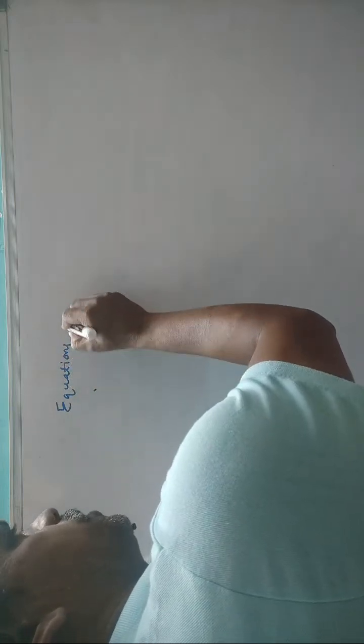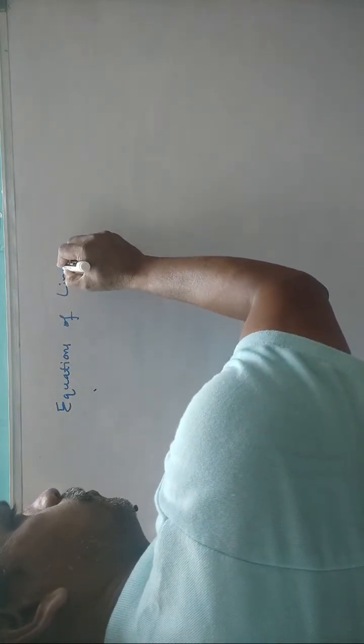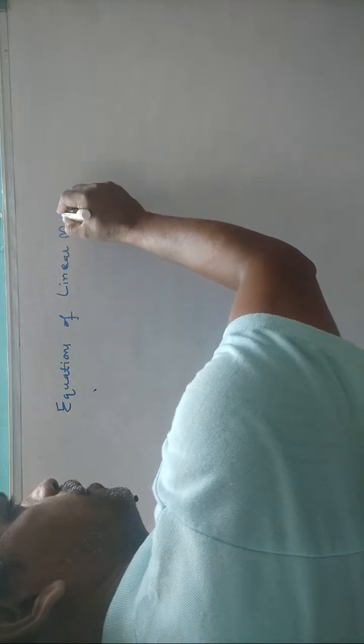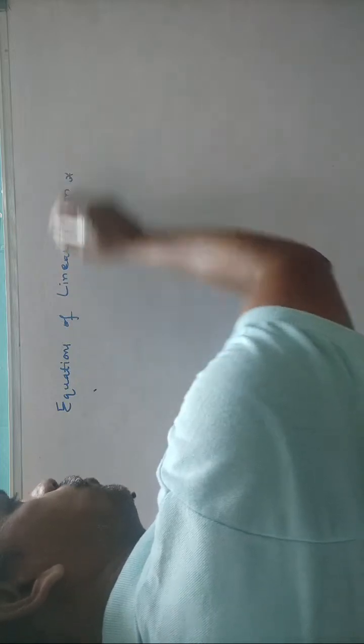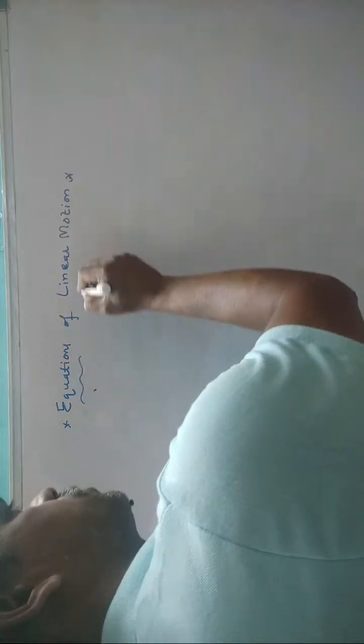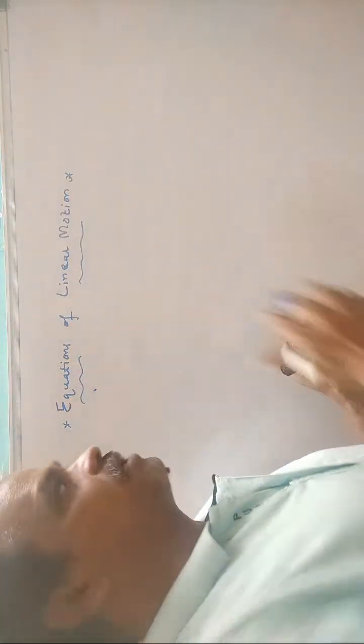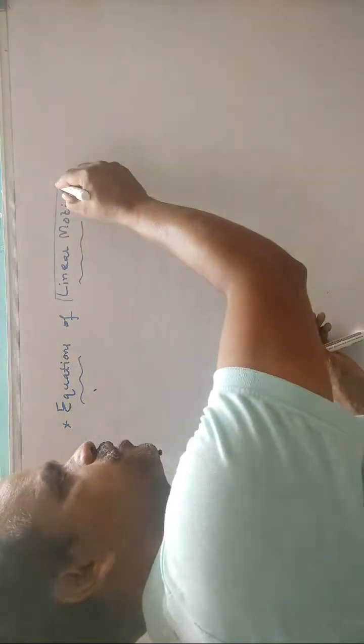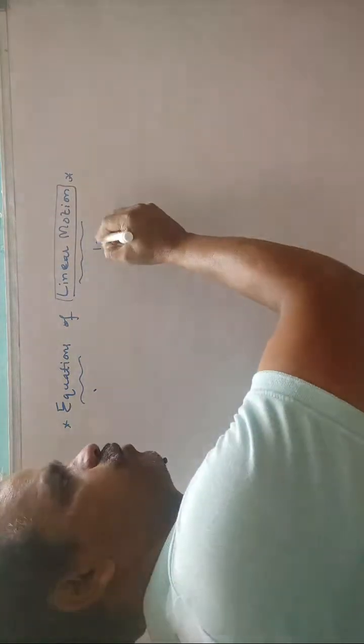Equations of linear motion. Linear motion I already explained to you. This is 1D motion.